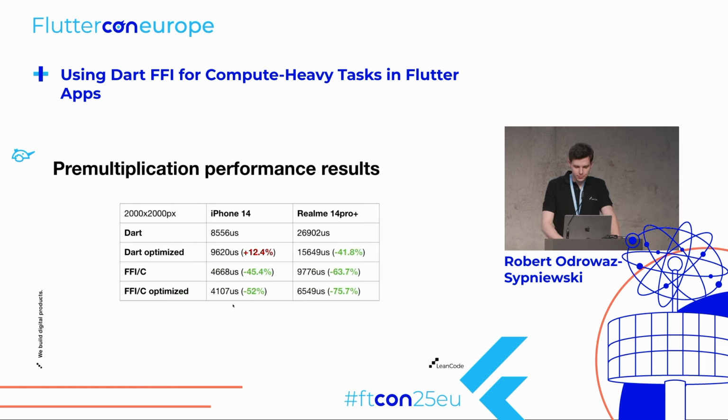In C, the relation between the optimized and non-optimized version is as we would expect, and we're reducing time by 45% on iPhone and 52% with the optimized version, and 63% and 75% on Android.